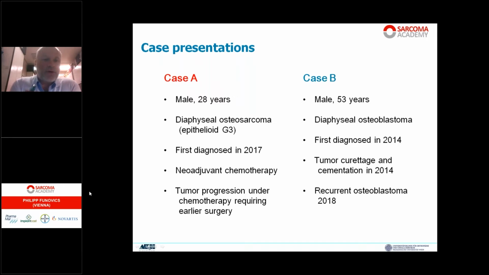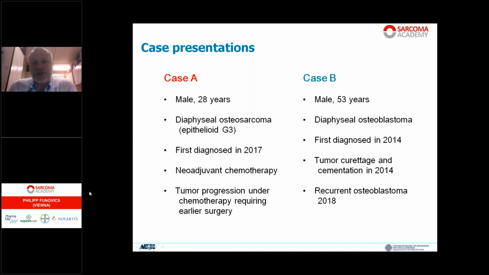The first is a male patient, 28 years old, with a diaphyseal osteosarcoma, epithelioid subtype, G3 upon histology. He was first diagnosed in 2017 and underwent neoadjuvant chemotherapy according to the EURAMOS protocol, but we noticed tumor progression under chemotherapy, which required earlier surgery than planned.